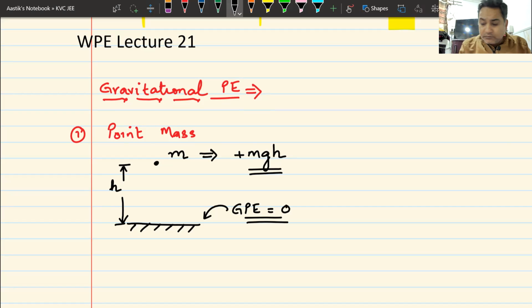Great. Please note it down. It was a point mass. But that is not the only question that will come to us in the examination hall. I'll give you a minute to note this down, and then I will move on to the next type of body where we will try to understand how much would be its potential energy. I hope you are writing this.